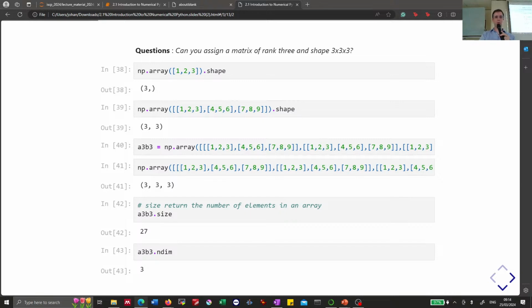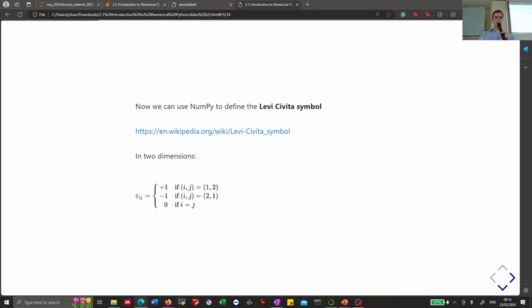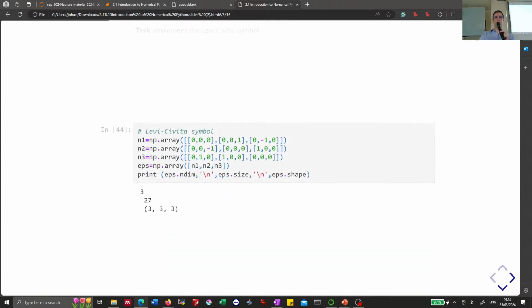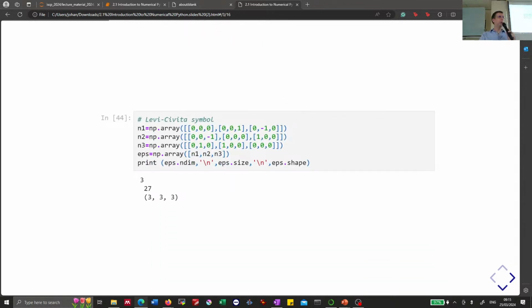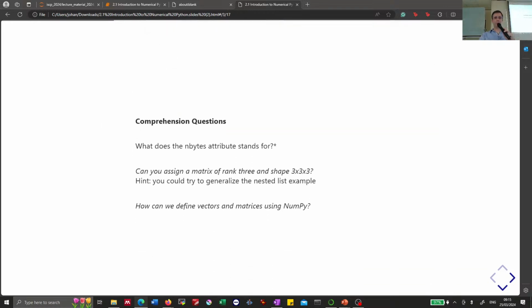That would be a tensor, rank 3. We had an example about the Levi-Civita symbol, and there's a home assignment pending because I showed you how to implement that through hard coding in Python. But there are, of course, more clever ways with conditional statements and checking the index of an element of an array.